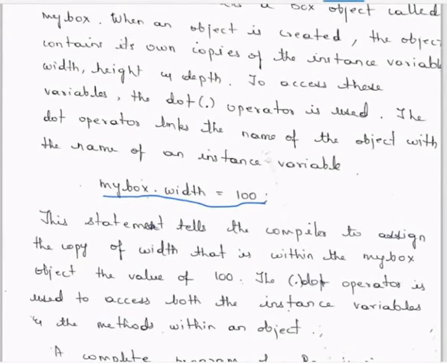So myBox was an object of the class, and to access the member width, I'm using the dot operator. So I'm assigning the width of myBox to 100.